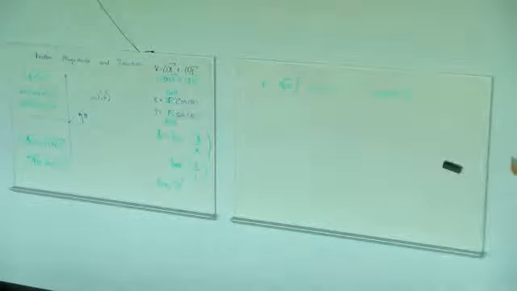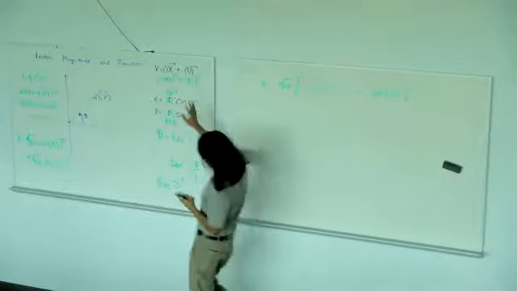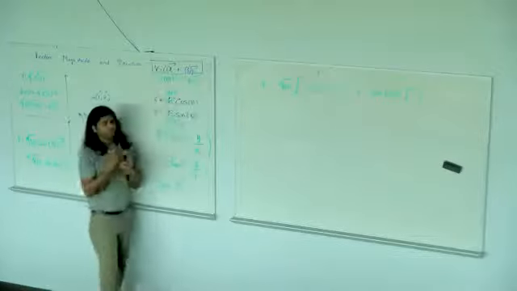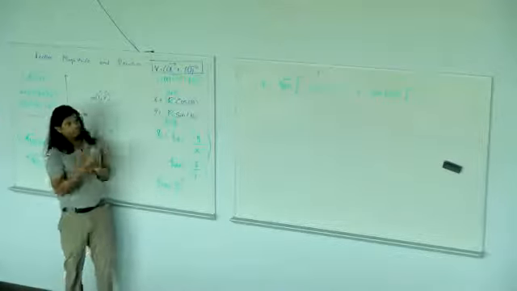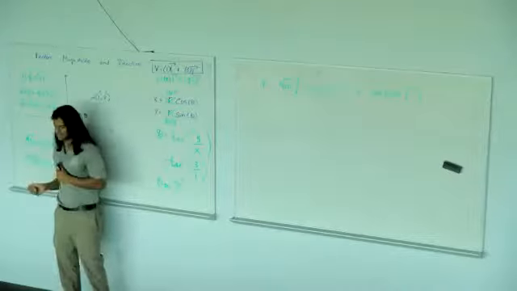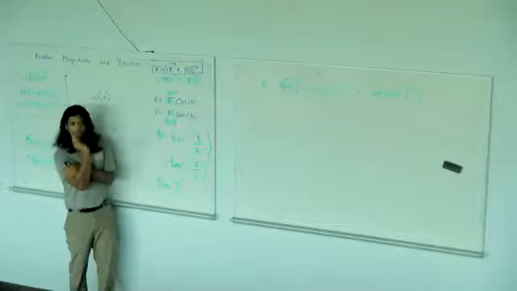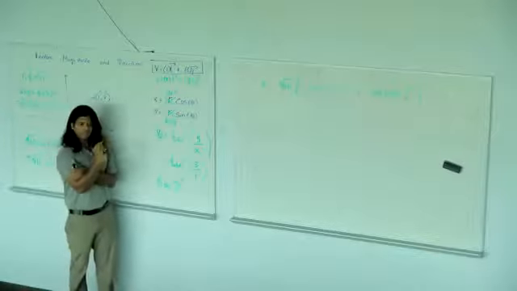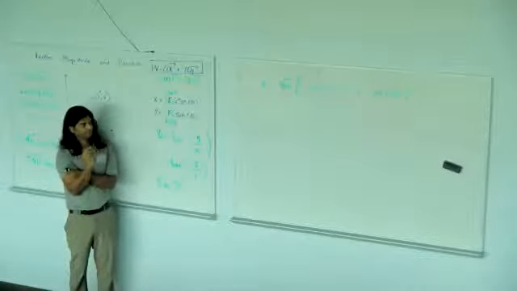Good. So that and that are one and the same. However, one gives more information than the other. That gives you both direction and magnitude. This one simply gives you magnitude.